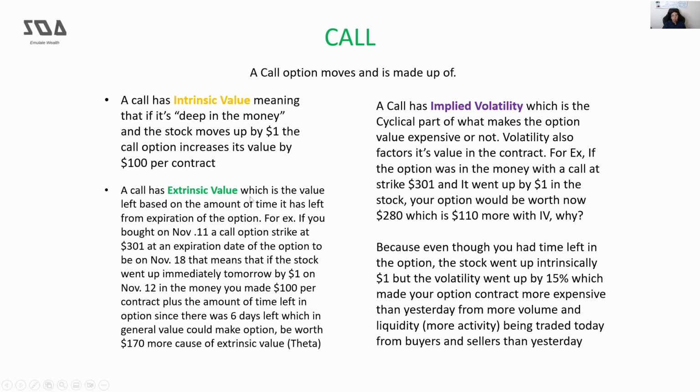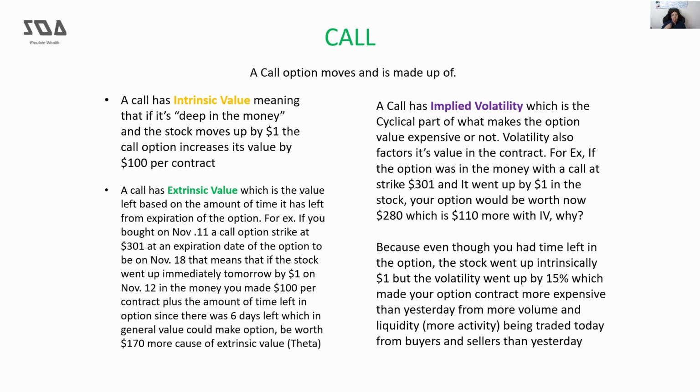What's the volatility in the extrinsic value? Well, it's implied volatility. This is more of the cyclical part of what makes the option value expensive or not. Volatility also factors into its value in the contract. For example, if the option was in the money with a call at strike 301 and the stock went up by $1, your option would now be worth $280, which is $110 more with IV, which is implied volatility. Why is that? Even though it went up by $1, now my option's worth more than $280.